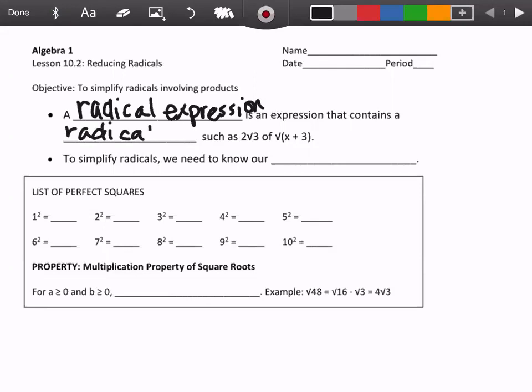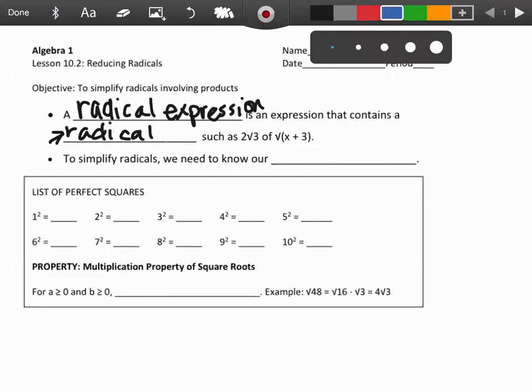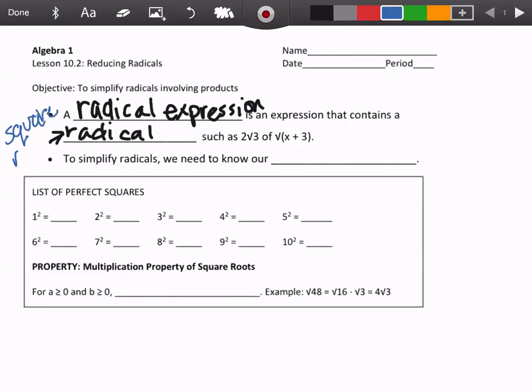The other way you could look at that is, in this chapter at least, when we refer to a radical, we're talking about square roots.